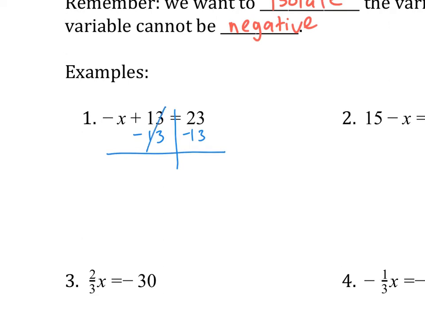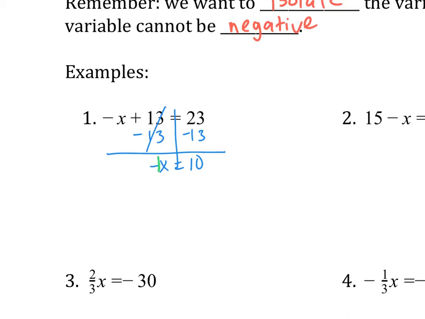Okay, so that will cancel out and we'll be left with negative x equals 23 minus 13, which is 10. Now the x is not isolated yet because we have that negative. I like to think of this as having an invisible 1, the coefficient here is really like a 1, so we have this invisible 1 in front of the x.